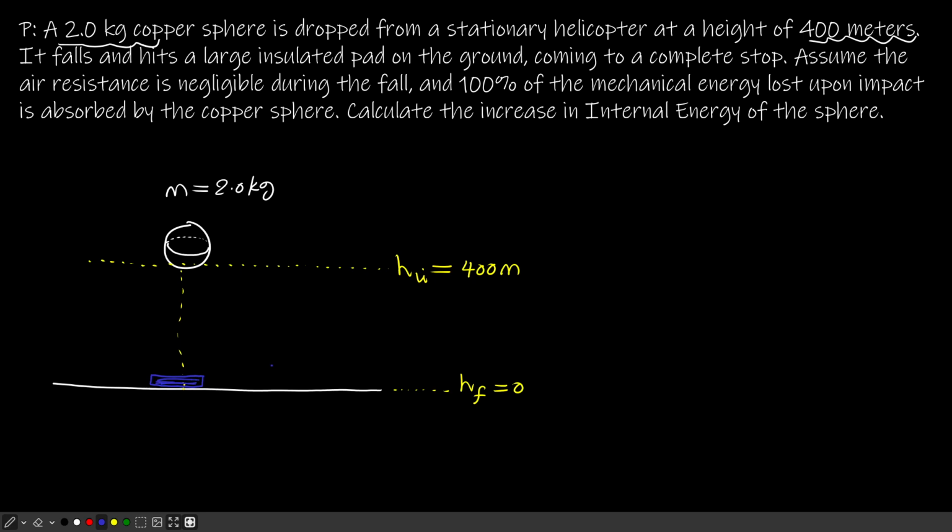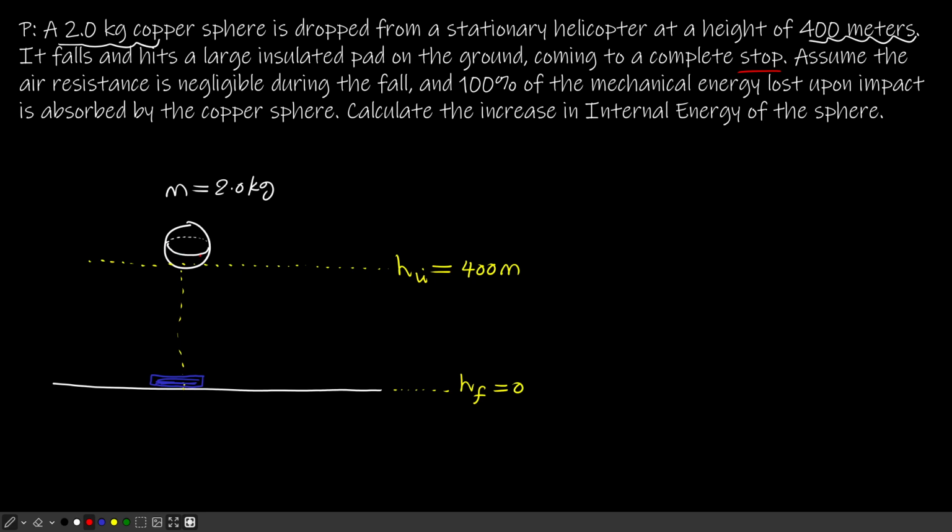Of course, you may notice that the pad adds a little height, but no, we assume it's very thin in that hypothetical scenario, as if it's stuck to the ground. Now, coming to a complete stop, that's very important information. It's a very great hint.